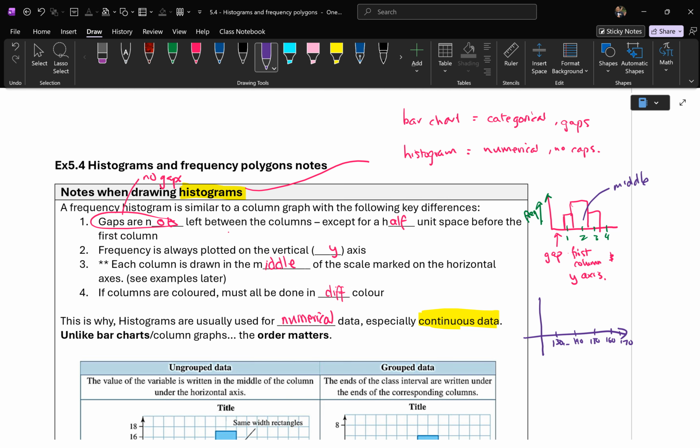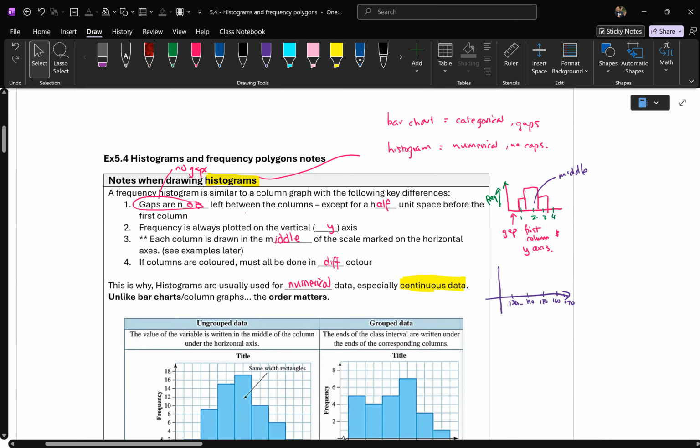You can range anywhere in between. So it's not just 130, 131. You might be 130.05, you might be 130.1, you might be 140.7. There's a continuum between them, which is why when you draw your bars, they connect with each other, especially when it's continuous data.